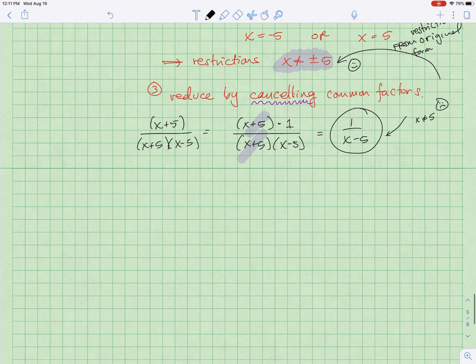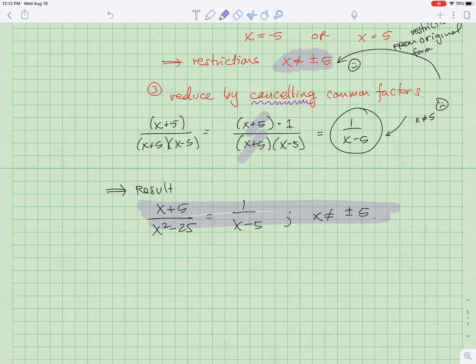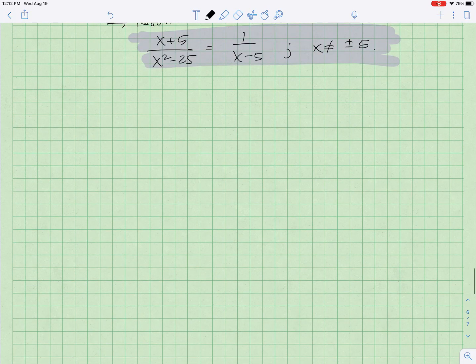So our result is x plus 5 over x squared minus 25 is actually equal to 1 over x minus 5, provided x is neither plus nor minus 5. So there's our final answer. All right, let's take a look at one more. Oh, looks like I got 2 more. Let's get nasty.